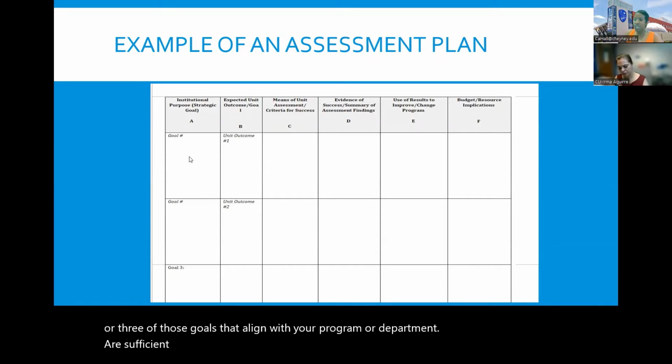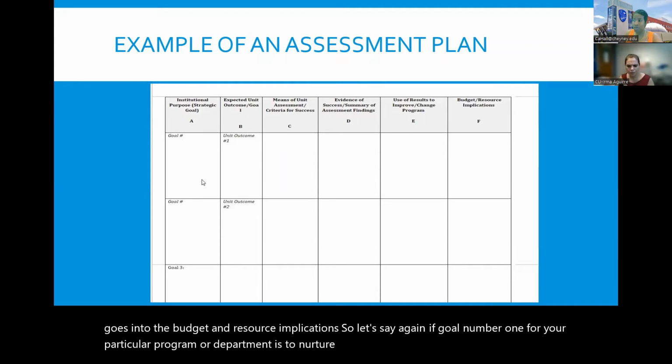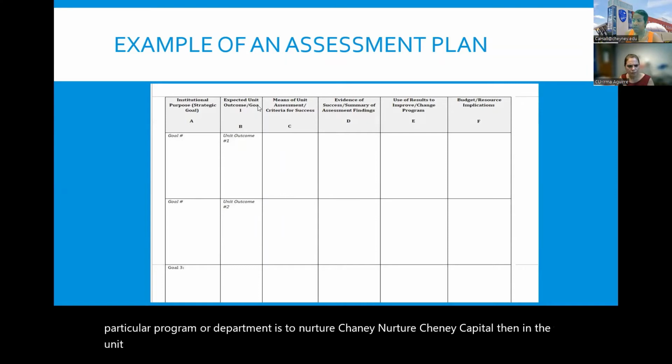But you want to make sure that they're thoroughly explained, because all of this goes into the budget and resource implications. So let's say, again, if goal number 1 for your particular program or department is to nurture human capital, then in the unit number 1, where it talks about the expected unit outcome or goal, this is where you put your specific goal that aligns with the university strategic plan.